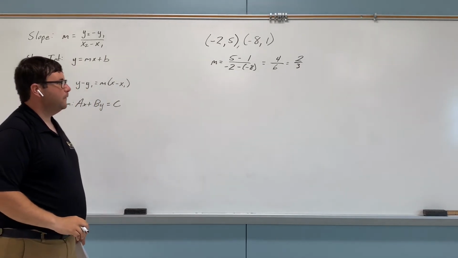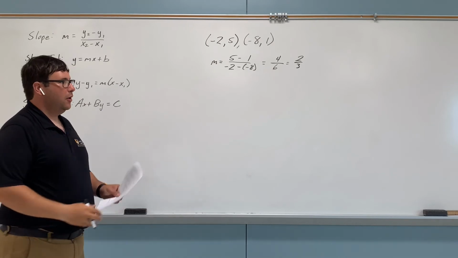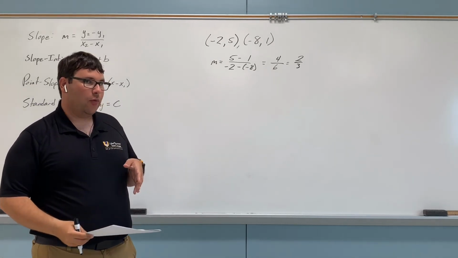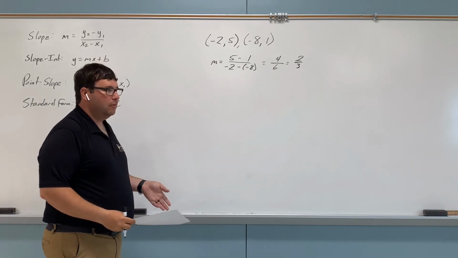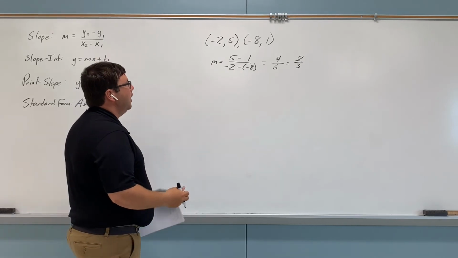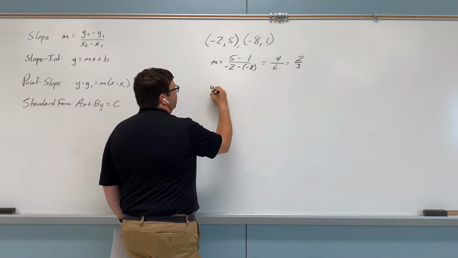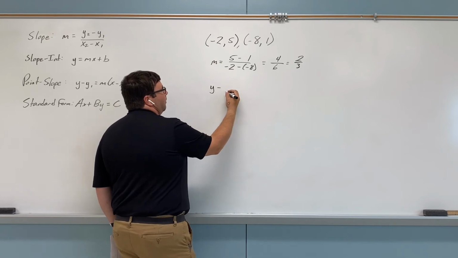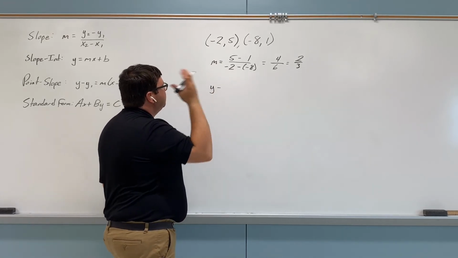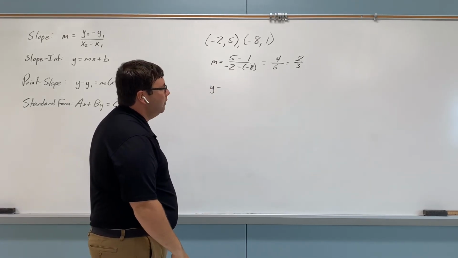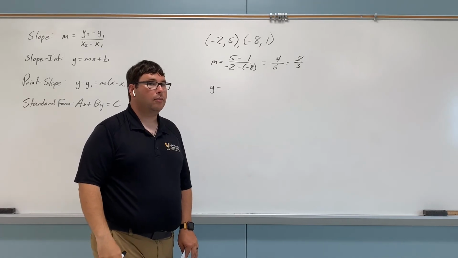Beautiful. Now what? You're not done because you haven't found your equation yet. All you've done is found a slope. What you need to do now is jump into point slope form. Oh, but I have 2 points. Which point do I use? Does it matter?